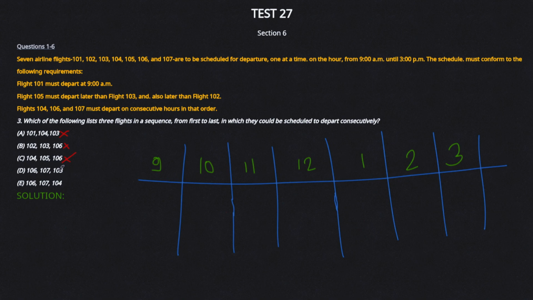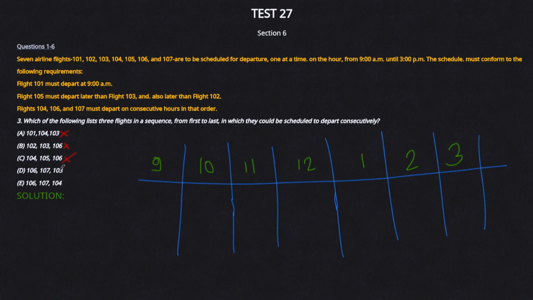And then we have 106, 107, and 103. This is a viable option because we know 107 must come after 106. So this is a possibility. We can have this scenario. So we can have 106 depart first, then 107, and then 103.